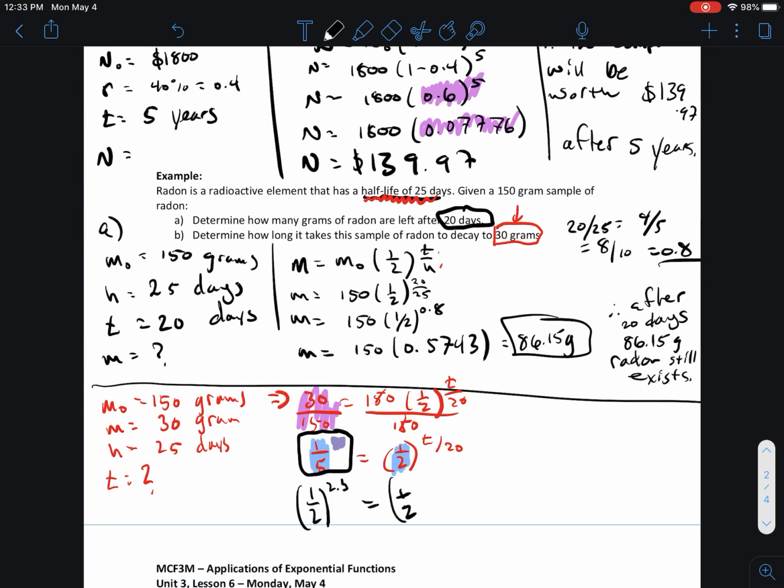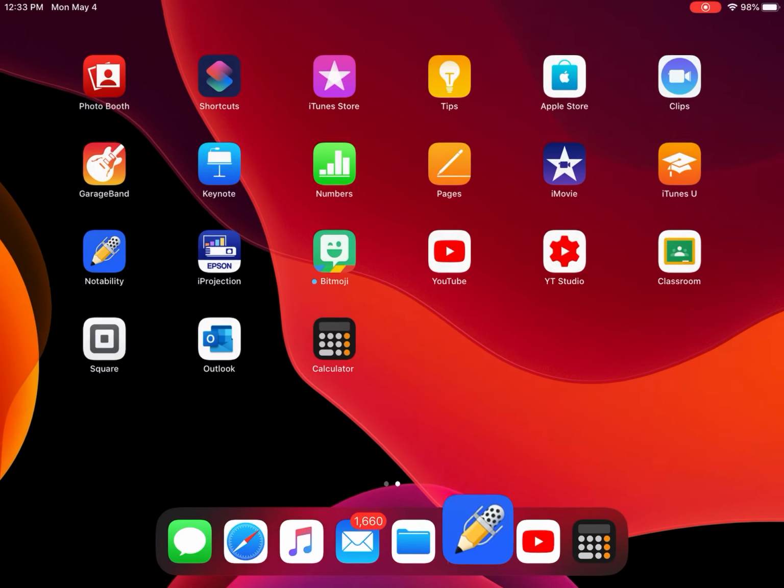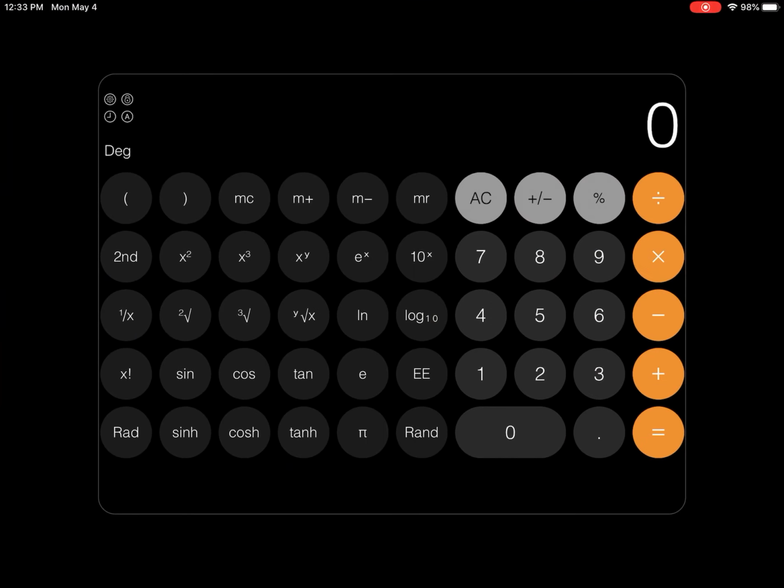It needs to be 1/2 to the exponent of 2.3 is equal to 1/2 to the t over 20. Now you see both sides here have base 1/2. Now you can make the exponents equal to each other. So 2.3 is equal to t over 20. I can multiply both sides by 20. So t is going to equal 2.3 multiplied by 20.